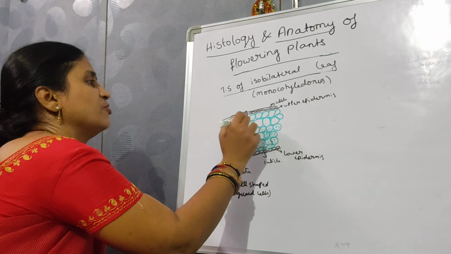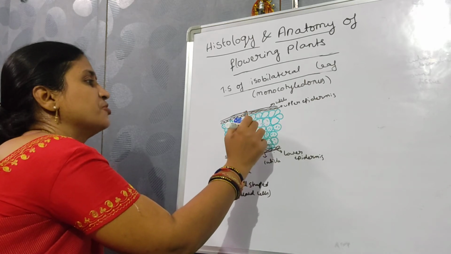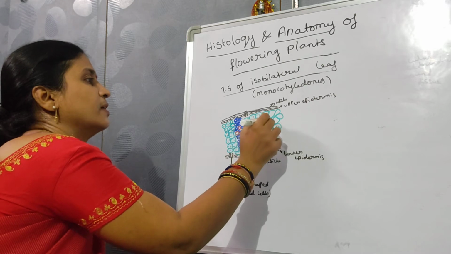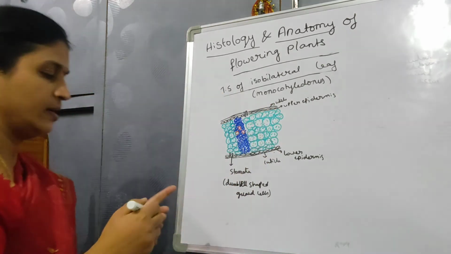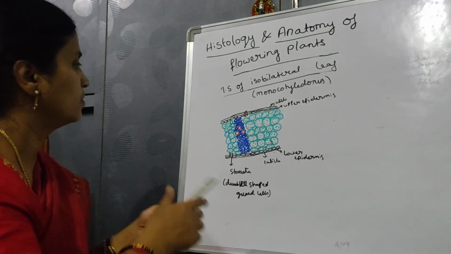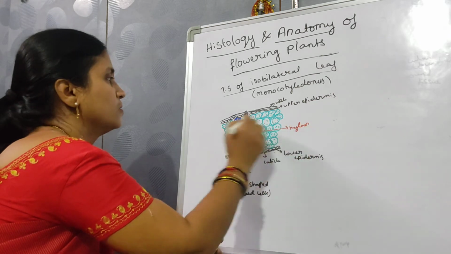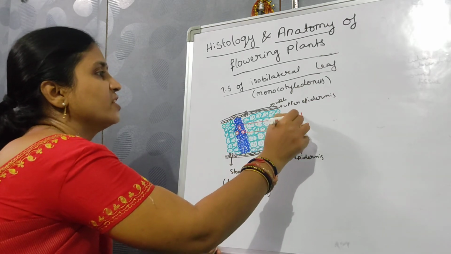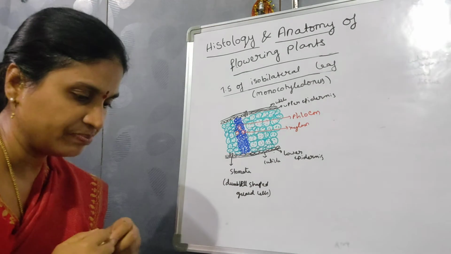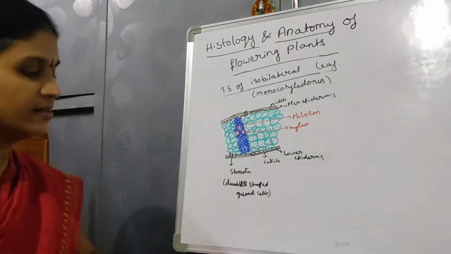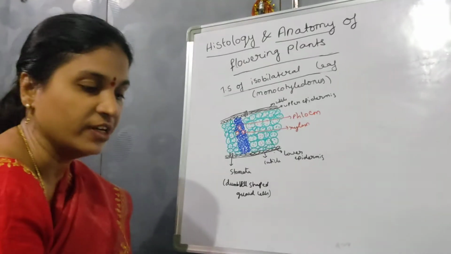The chloroplast will be floating in the cytoplasm. They will be moving. Cytoplasmic streaming is going to take place. These chloroplasts will be moving. So this is xylem. This is the phloem, which are the vascular tissues. No bundle sheath cells, bulliform cells are present. Adaxial surface, abaxial surface. This is about the isobilateral leaf, monocotyledonous leaf.